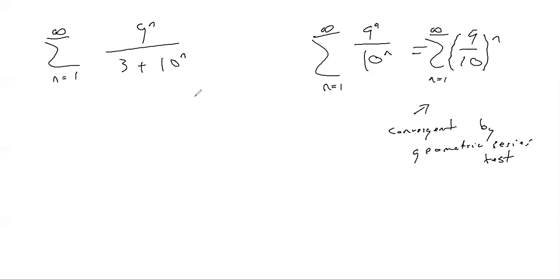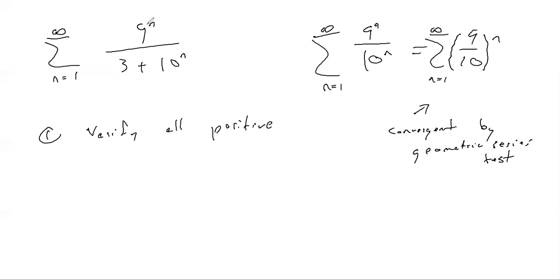Okay, now I need to go through the same steps for my comparison test. Verify all positive, boom. Are these terms all positive? Yeah, the n's are supposed to be natural numbers, so they should always be positive integers, 1, 2, 3, 4, etc. But really, it doesn't matter what number I plug in here.